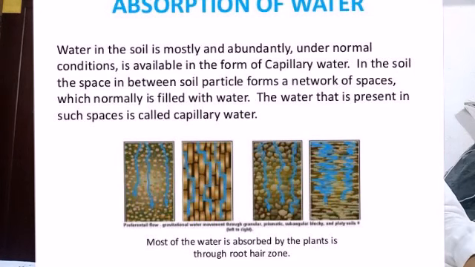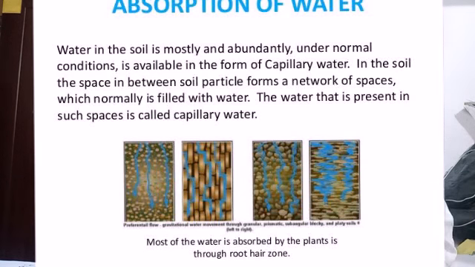So that much amount of water is absorbed by the soil, and we can find the percentage of this water absorbed also. The formula is (u minus v) divided by the amount of soil, that is 50 gram, into 100. So through this formula we will find out the percentage of water absorbed in the soil.